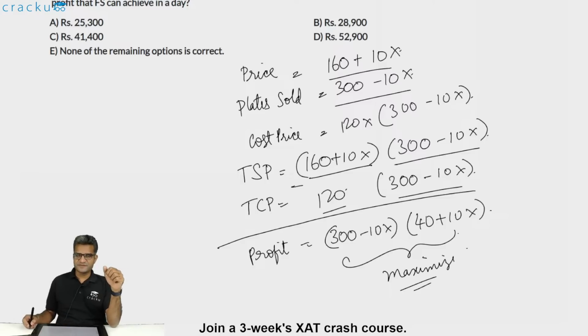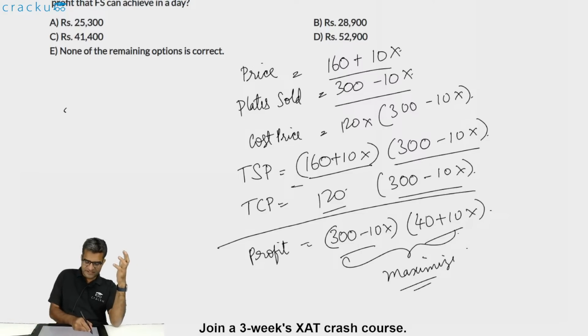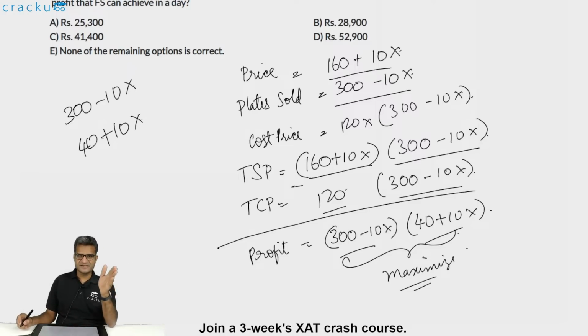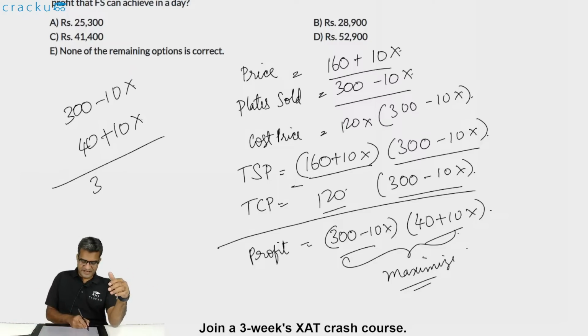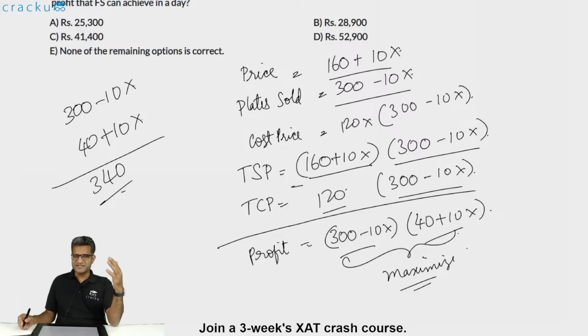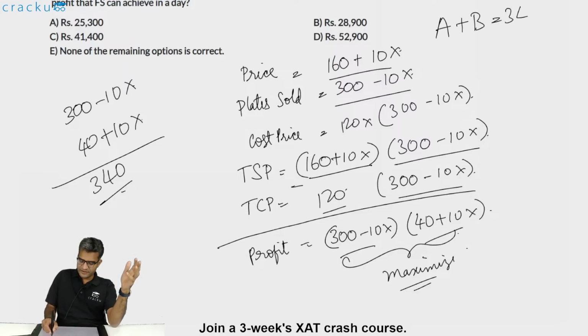What should the value of x be? In these kinds of maximizations, one simple trick that I use is, this is basically the product of two expressions. One expression is 300 minus 10x. Another expression is 40 plus 10x. You'll notice that one is something minus 10x, the other is something plus 10x. And we have to just change the value of x. If you add both of them, the sum is 340. So essentially there are two quantities, a plus b is equal to 340.